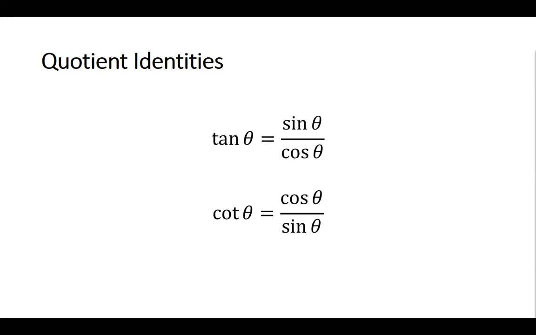The next ones may be a little more difficult to remember. These are the sum identities. And you've probably seen these before. You may or may not have had it explained to you where they came from or why they are what they are. So I'm going to present them to you, and then I'm going to show you where they came from. So first, we've got sine squared theta plus cosine squared theta is equal to 1.